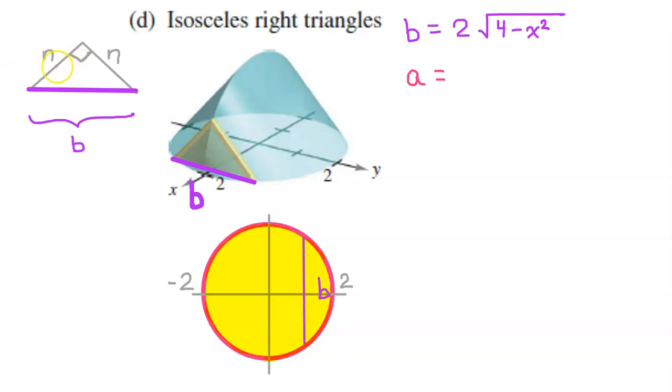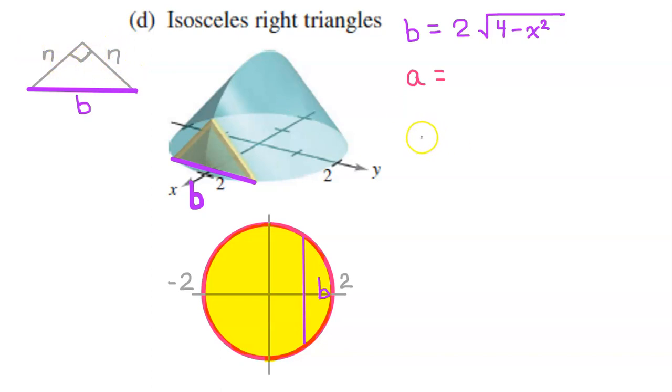So here we have this isosceles right triangle. The hypotenuse is face down. That's length B, which is the length of a single slice of this solid. I'm going to use the Pythagorean Theorem to write all three sides in terms of b.